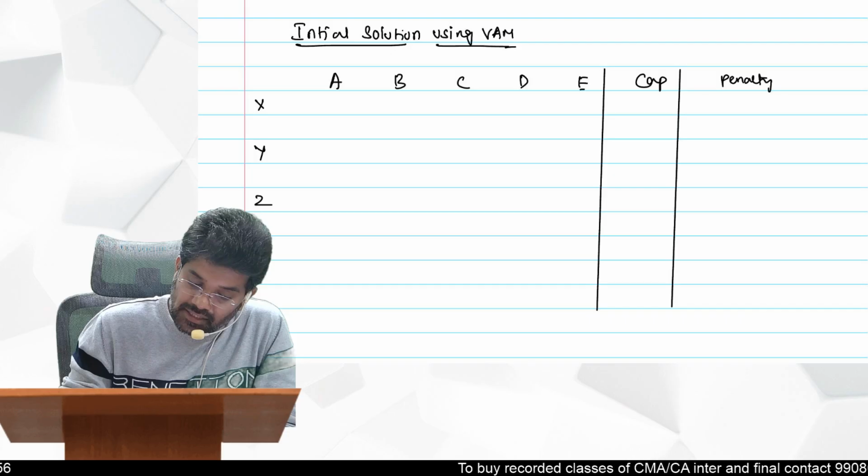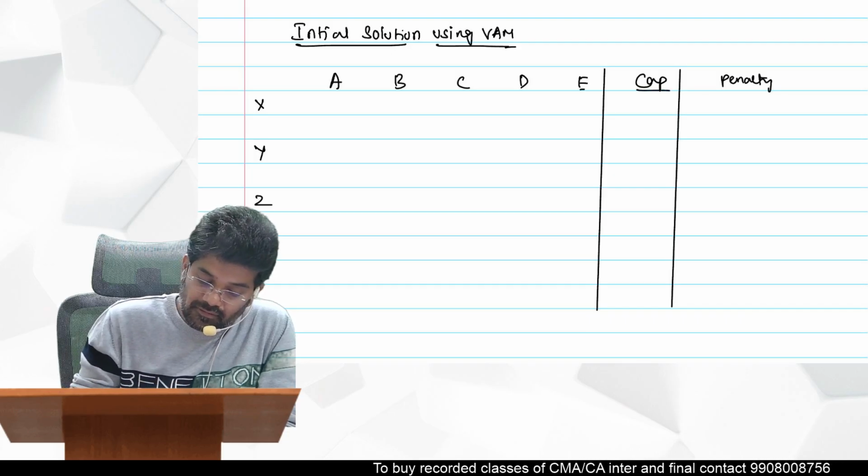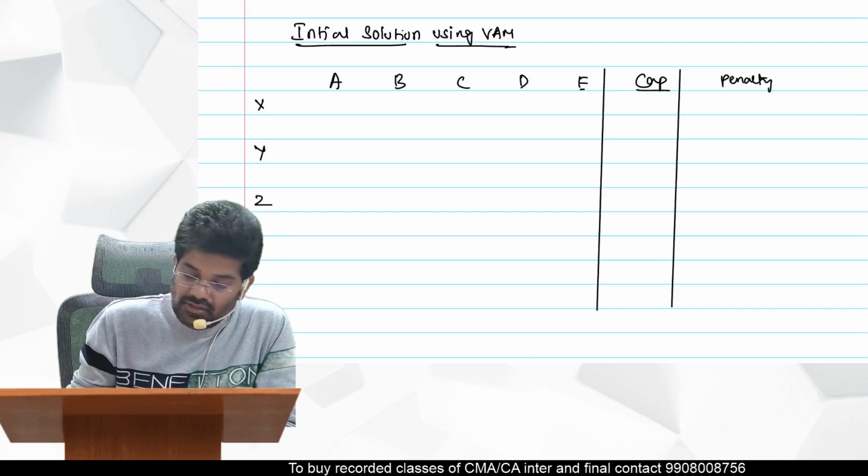Penalty, this is capacity. Factories X, Y, Z. Okay, take the costs with a smaller font.